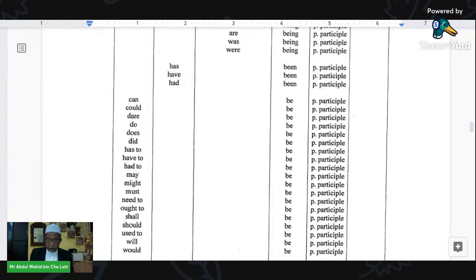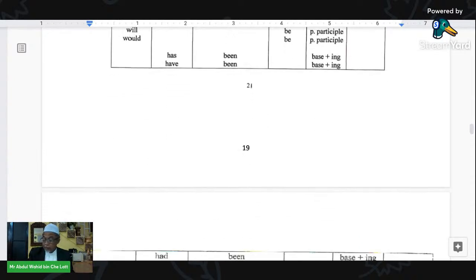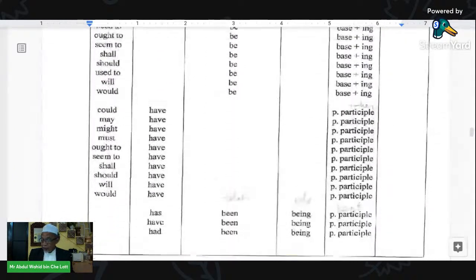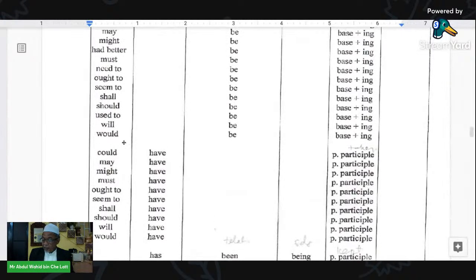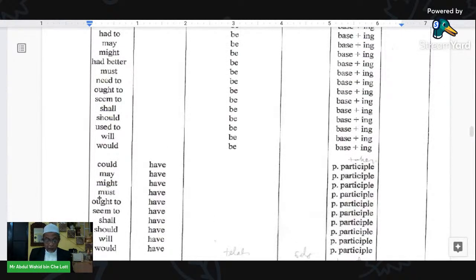Okay, turn to page 22. Put your ruler under the word must in column 5, have in column 4, and participle in column 1. So the verb phrase will be must have watched. Therefore, the whole sentence reads, you must have watched the film KL Drift.